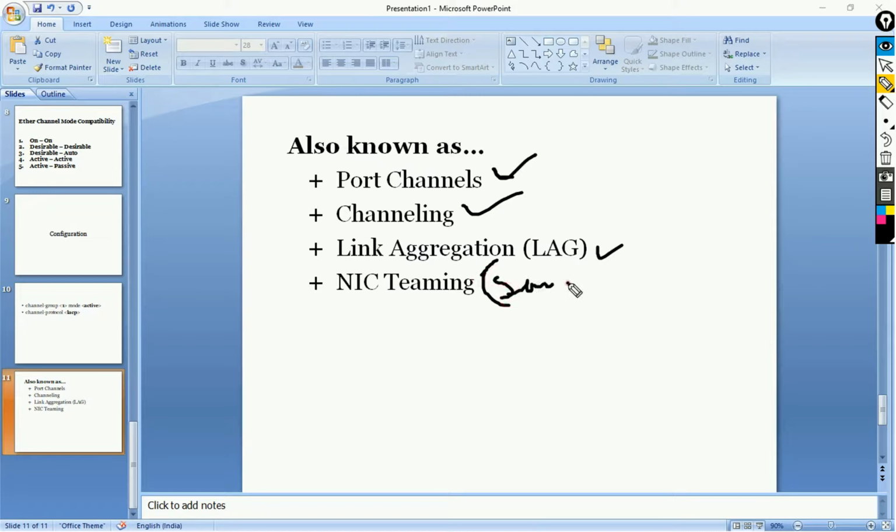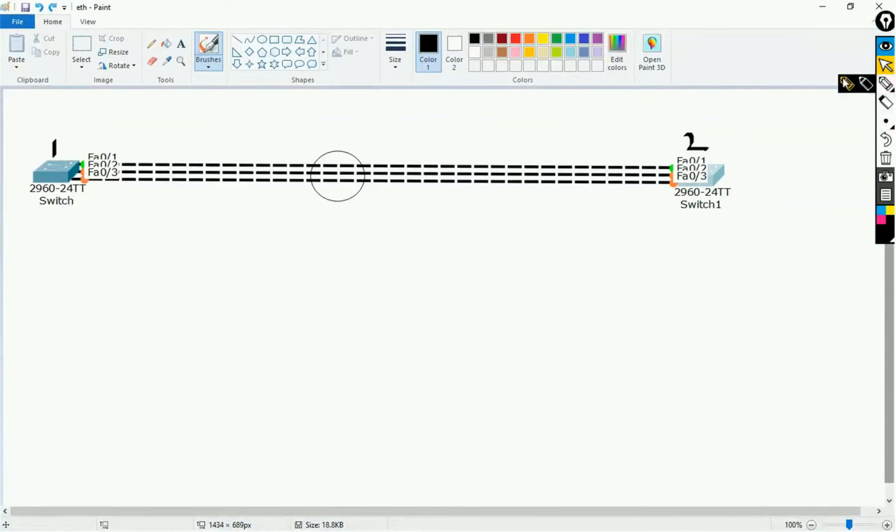Suppose a switch is connected to a server, there you go and apply this technology, NIC teaming. So I hope EtherChannel is more or less clear, because it will be clearer when we visit the lab.